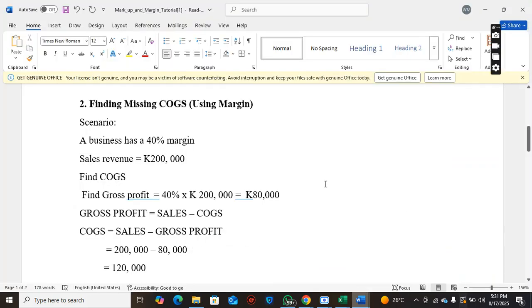Markup is married to cost of goods sold. Then margin is married to sales revenue. You cannot interchange these couples, okay? Because if you use markup and then sales revenue, that relationship won't balance. And if you use margin when there's cost of goods sold, it's not going to balance.